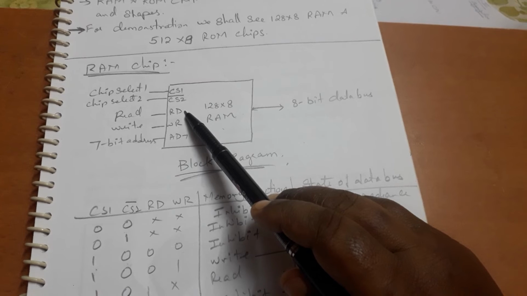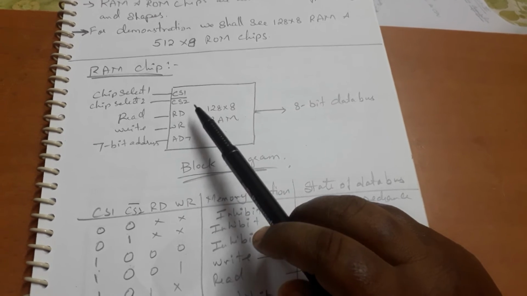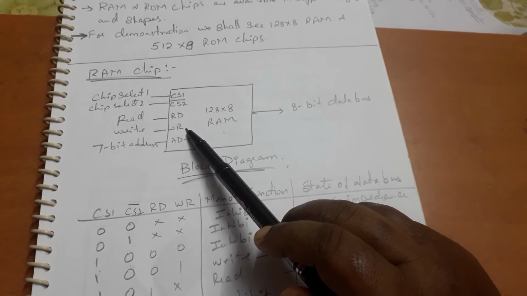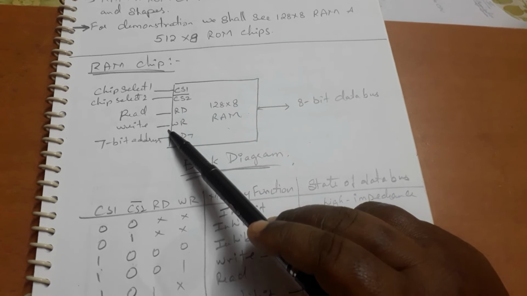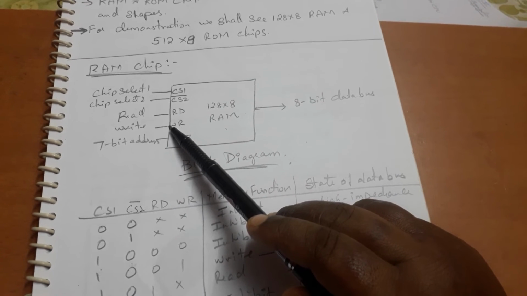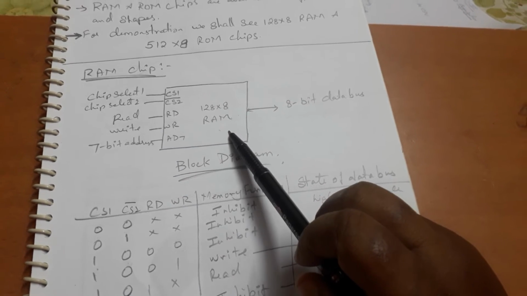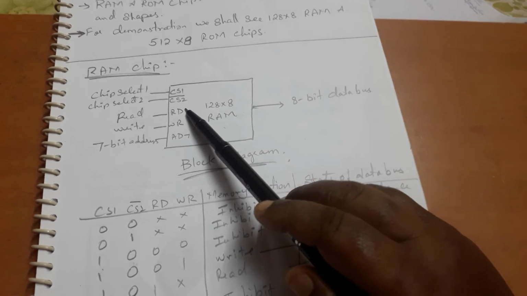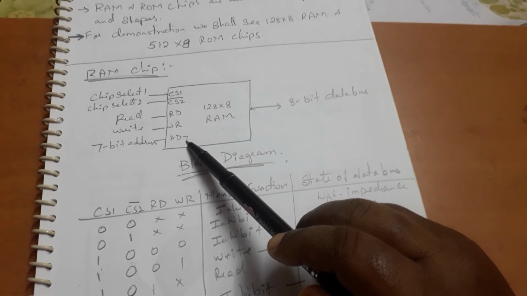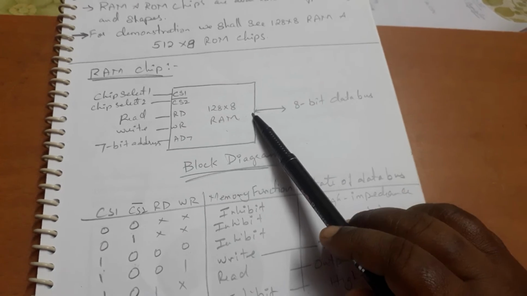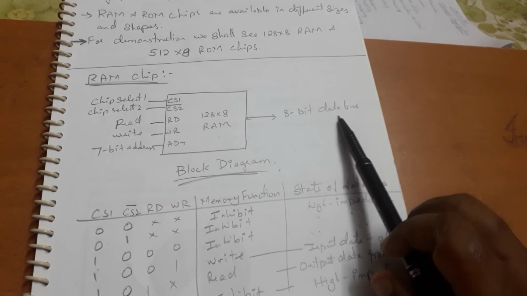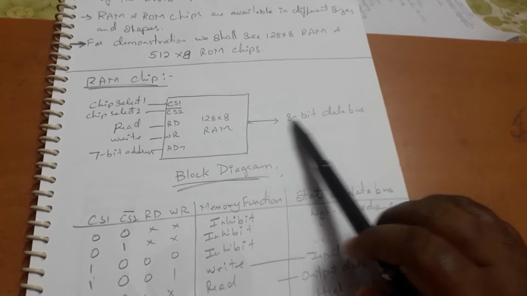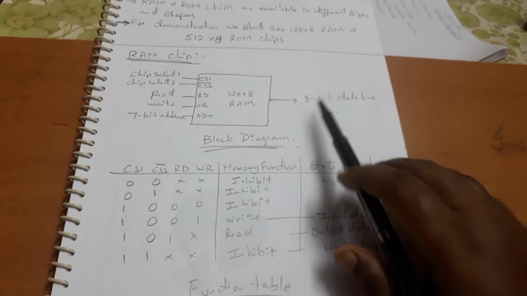This RAM chip has two operations to do, either a read operation or a write operation. Respectively, you can switch on either of the switches and work with the RAM. Depending on the operation, you apply the address. The output you are going to get from this will be on the 8-bit data bus, through which the data is given out of the RAM.